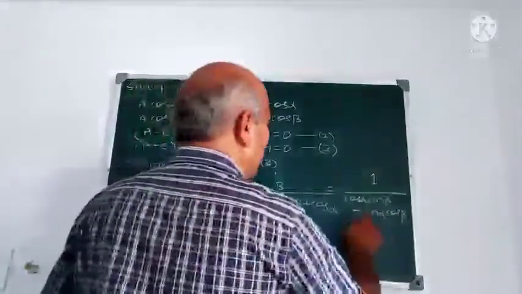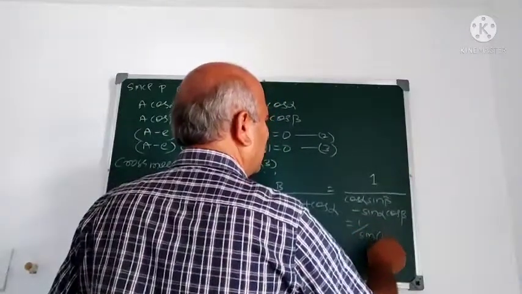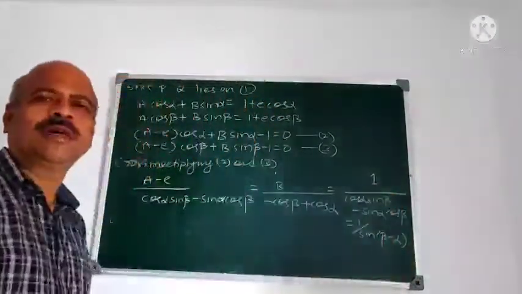Now what is this? 1 upon sin of beta minus alpha, using compound angles.